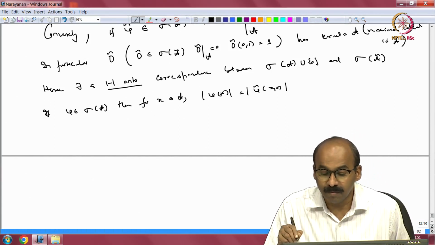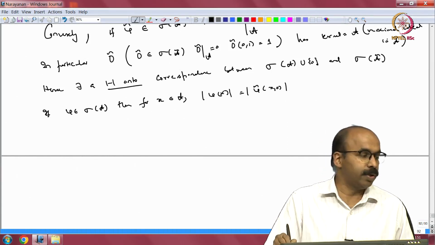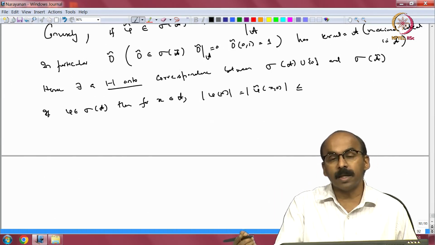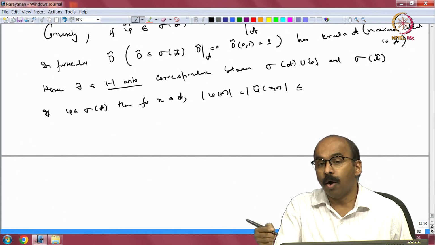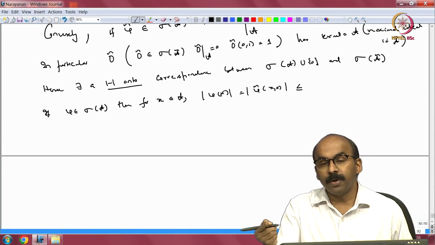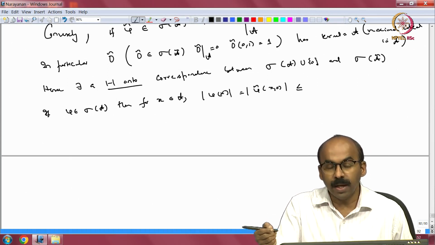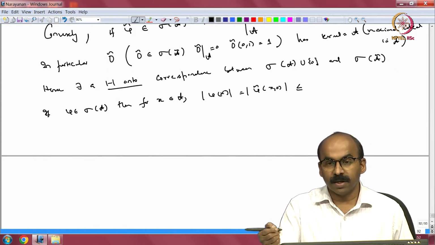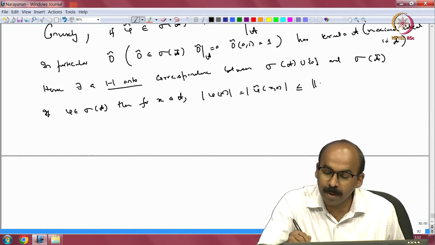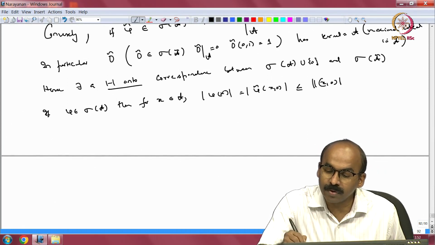Now phi tilde is a multiplicative linear functional on A tilde. A tilde is a commutative Banach algebra with identity, so any multiplicative linear functional there has norm less than or equal to 1. So this is less than or equal to norm of x comma 0, and of course, this is equal to norm x.